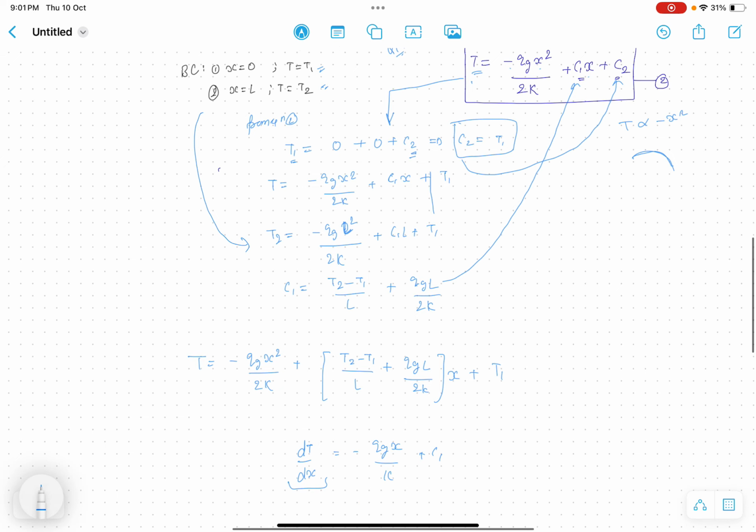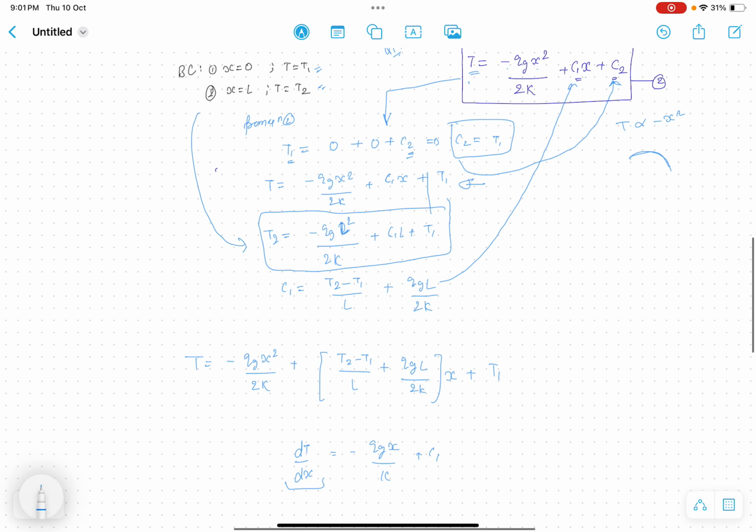If we plug this C2 value into the second equation, as we can see here, we get this equation. And if we apply the second boundary condition, that is x equal to L, put x equal to L here: minus qgL square divided by 2k plus c1L plus T1.